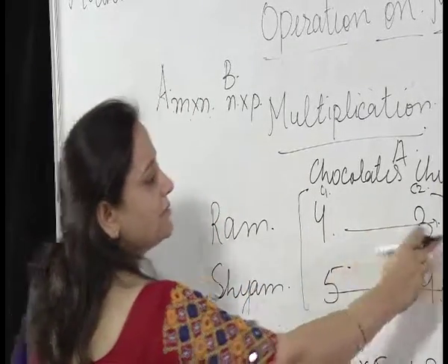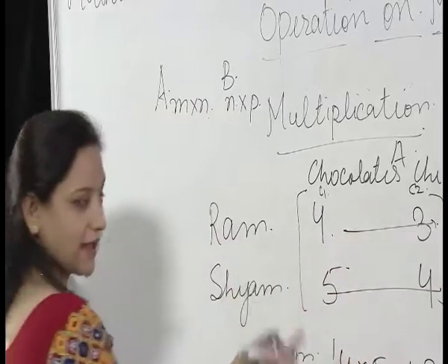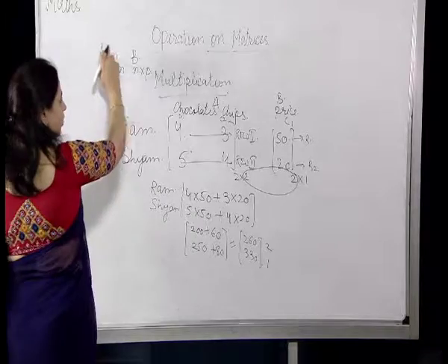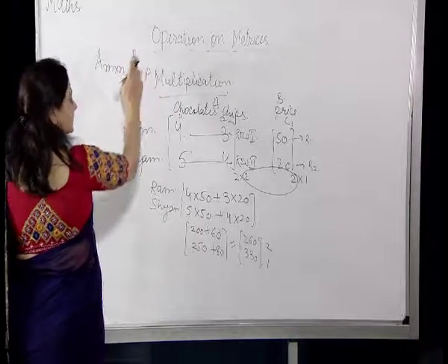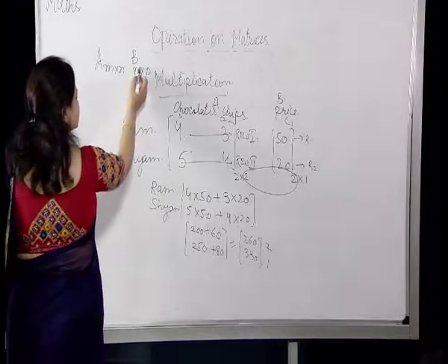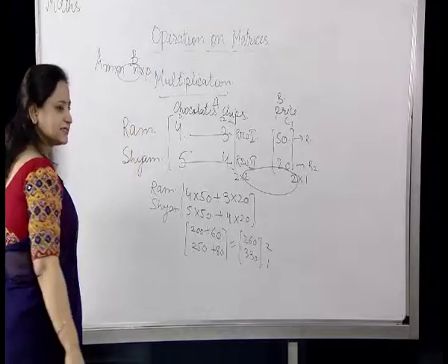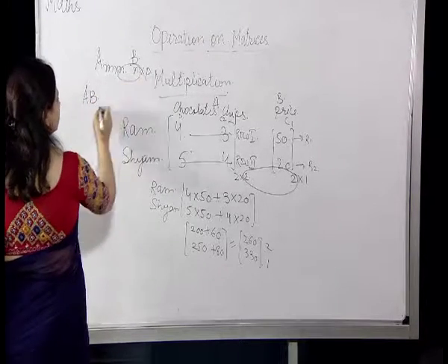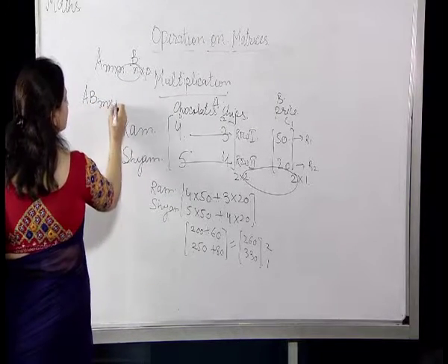There were 2 columns and 2 rows. That is why the product was defined. So, if A is a matrix of order m into n and B is a matrix of order n into p, then only the product is defined. These two should be the same, and the product AB will be of the order m into p.